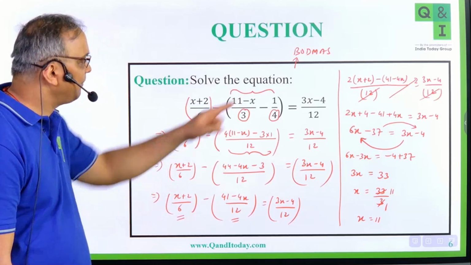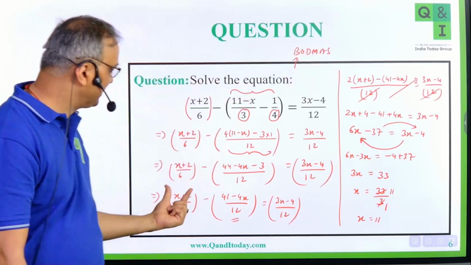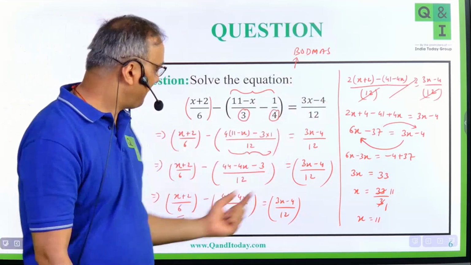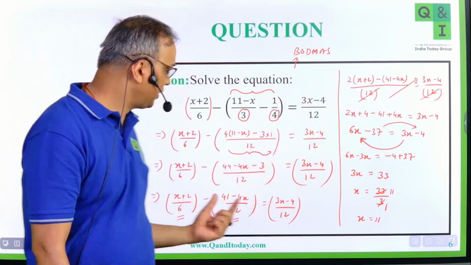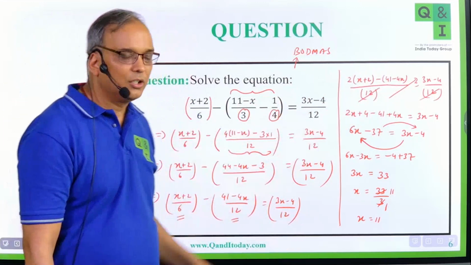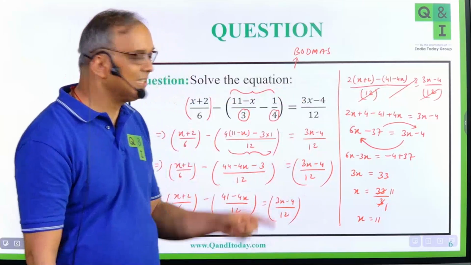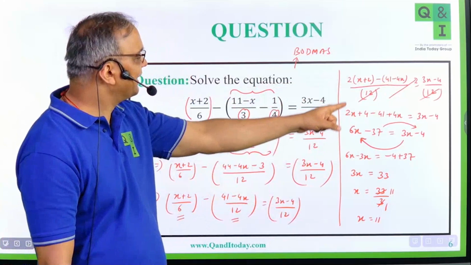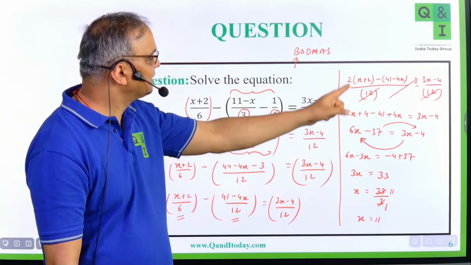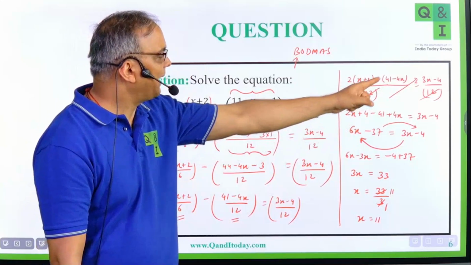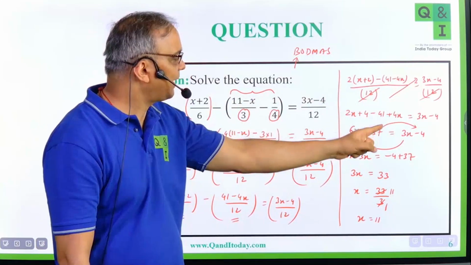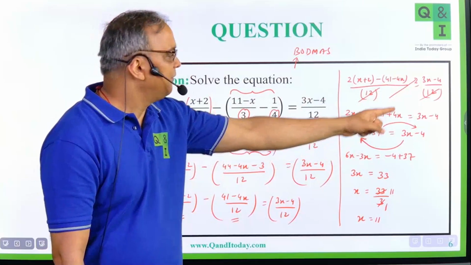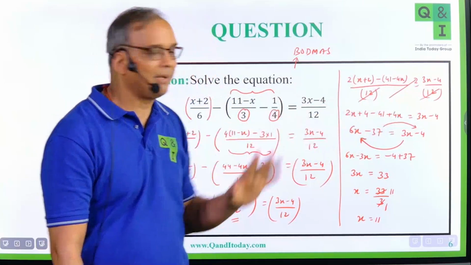So I have multiplied 2 times x plus 2 over 12 minus of 41 minus 4x. Now this is inside a bracket. So when the negative sign goes inside, it will change the sign of both 41 and 4x. That's why we are getting 2 times x, 2x, 2 times 2 is 4, minus 41, minus of minus is plus 4x, which is equal to 3x minus 4 by 12.